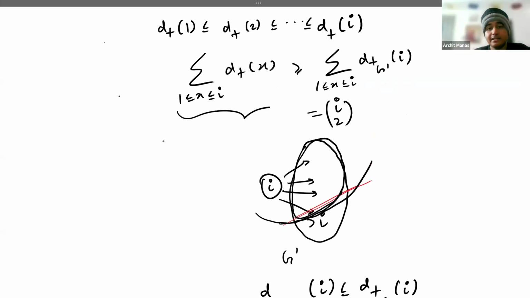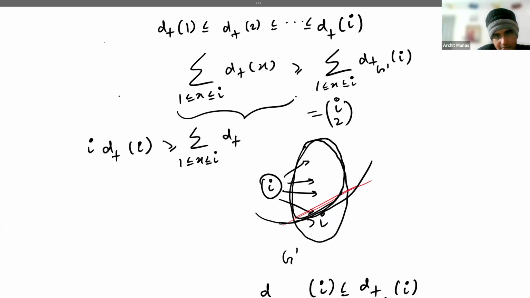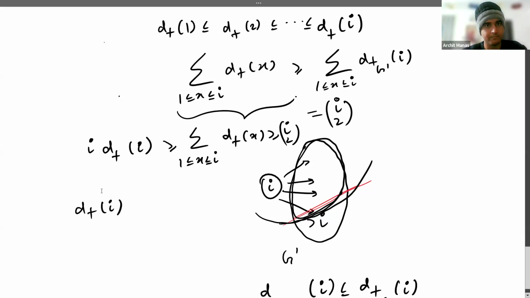Okay. And now because d plus of i was the largest here, that tells us that i times d plus of i is at least as large as the sum, and that's at least i choose 2. And so we ultimately end up proving that, one second.